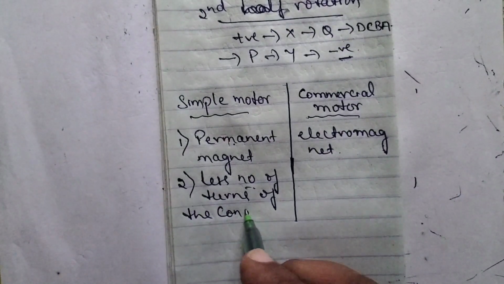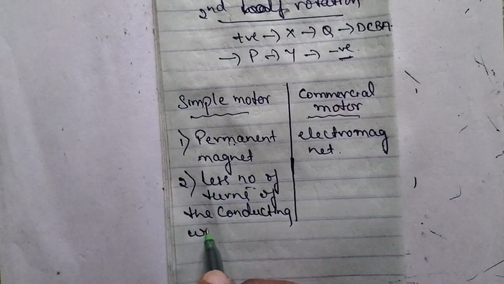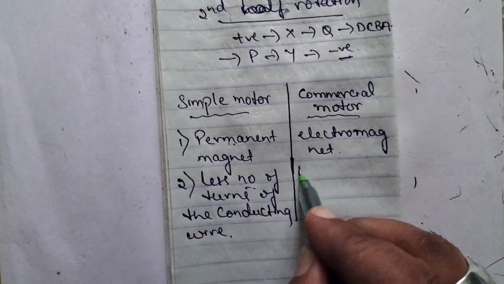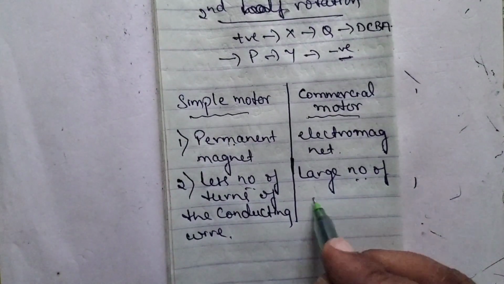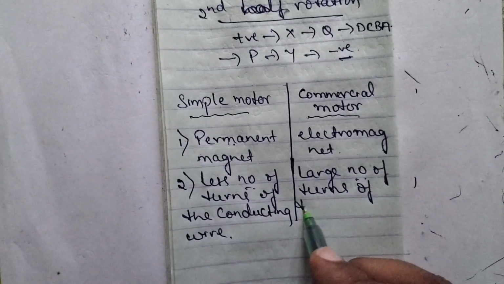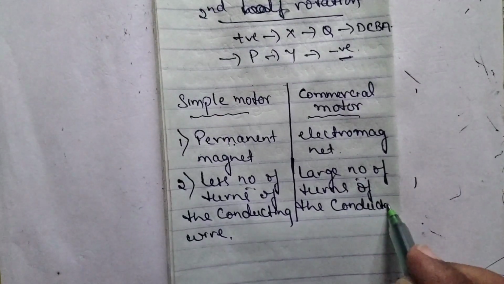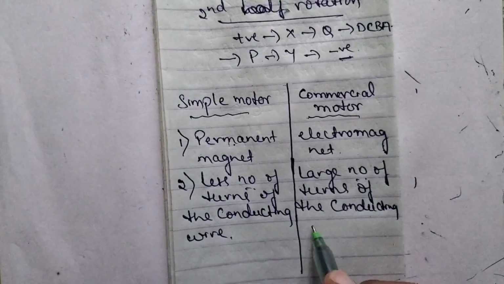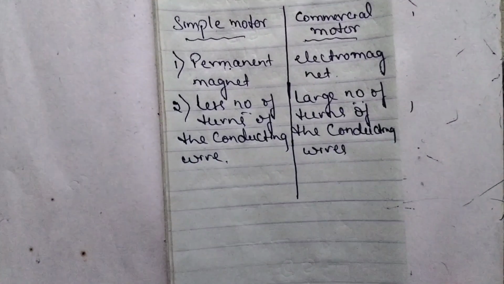The turns of the conducting wire are very few. Whereas the commercial motor has a large number of turns of the conducting wire. So this is the second difference between commercial motor and simple motor.